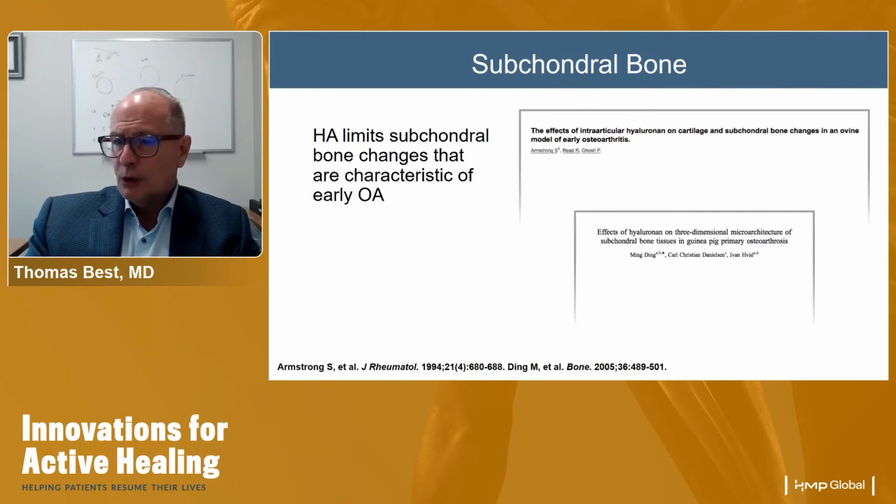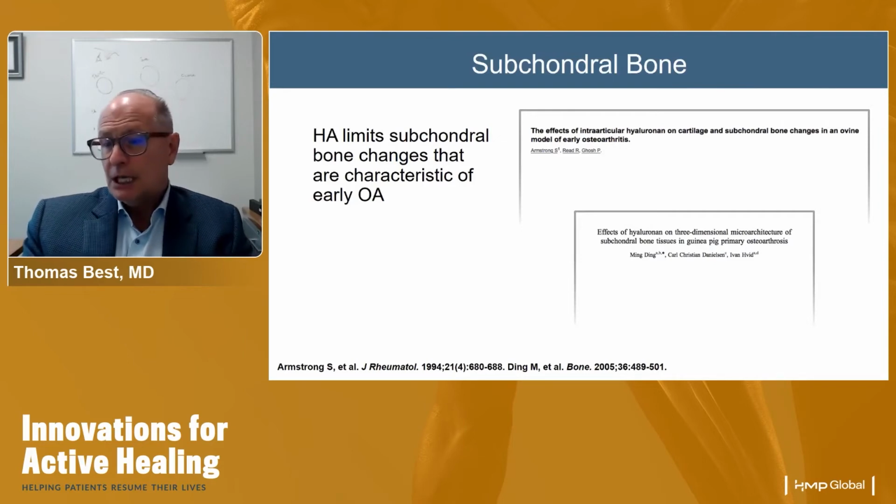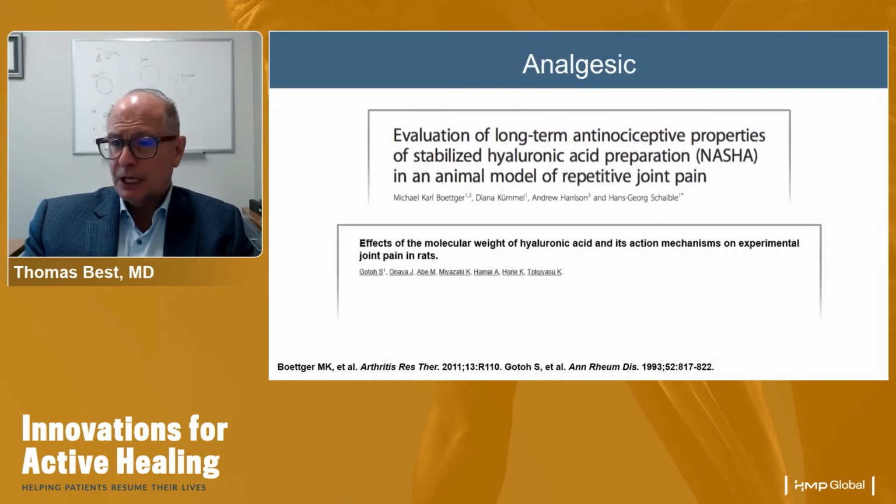The subchondral bone, we've talked a lot about that already this morning, its importance in terms of the pathophysiology of osteoarthritis. And again, there's some basic science work suggesting that hyaluronic acid can limit some of these subchondral bone changes that are characteristic of earlier osteoarthritis. And finally, as I mentioned earlier, there's even some exciting literature suggesting that HA injections may actually decrease pain within an osteoarthritic joint.